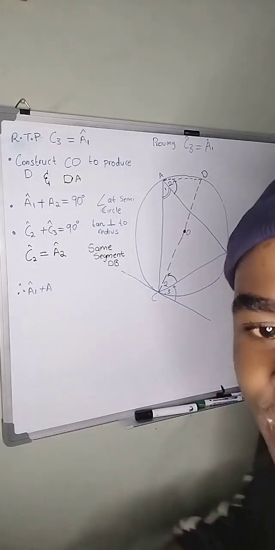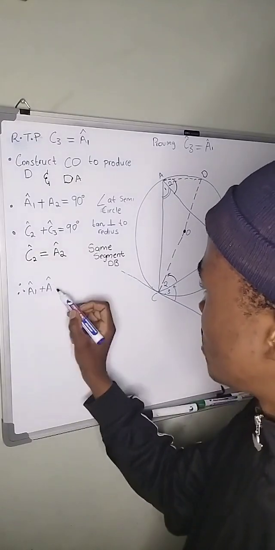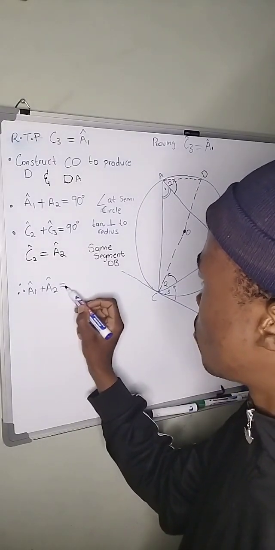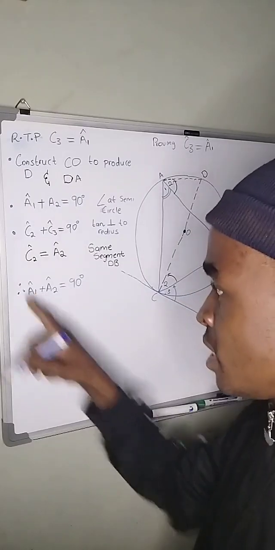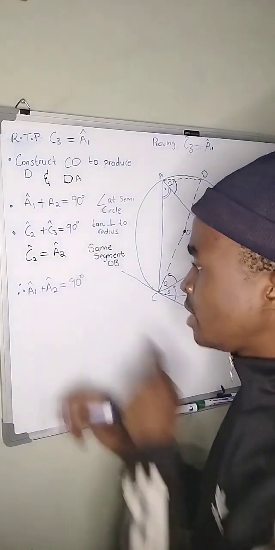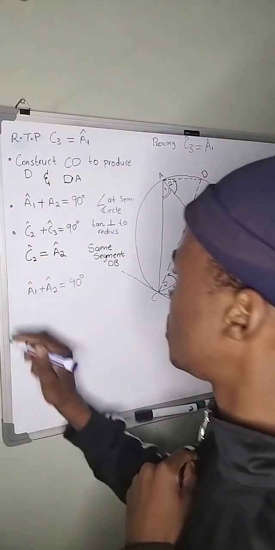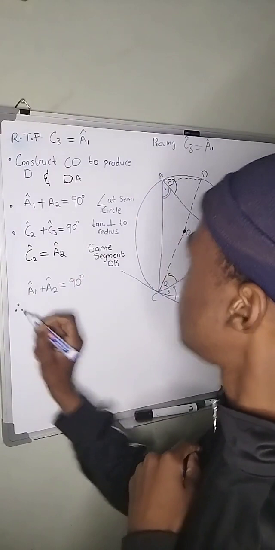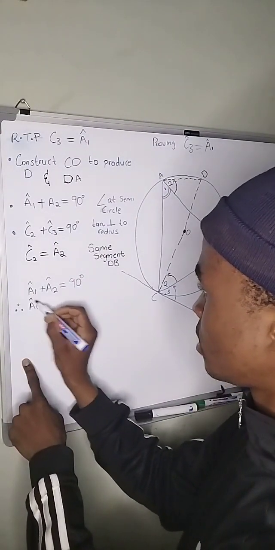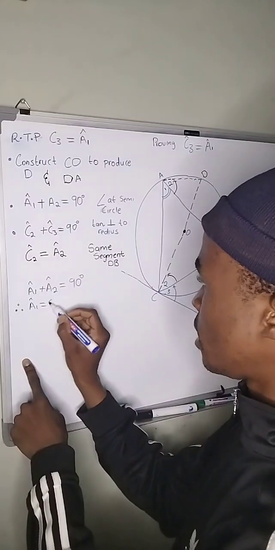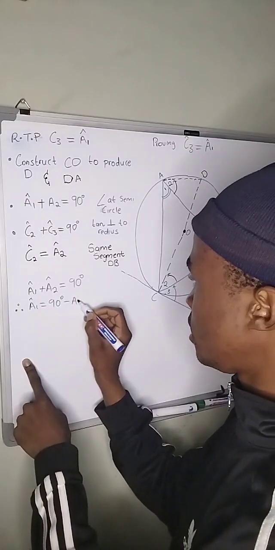Thank you very much, Lerato. A1 plus A2 is going to be equal to 90 degrees, you just said. Then, obviously, let me remove this therefore and put it here. Therefore, A1 is going to be equal to 90 degrees minus A2.